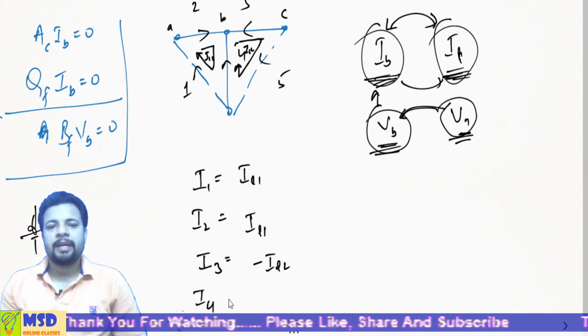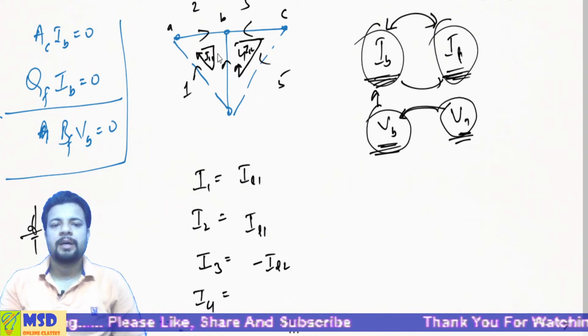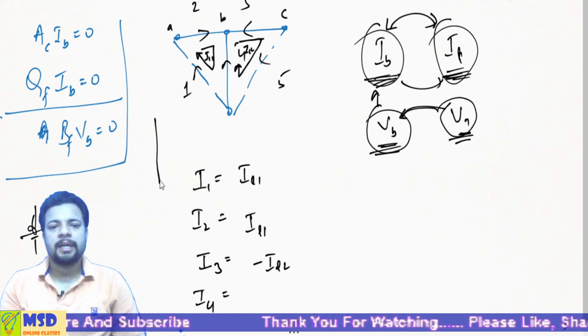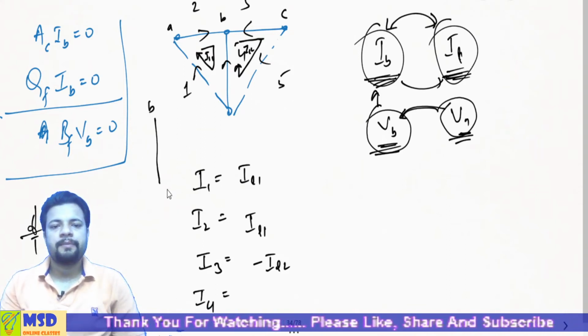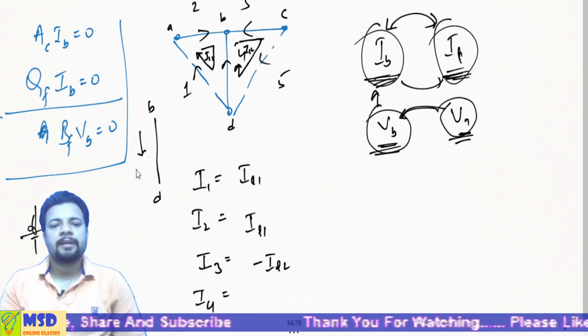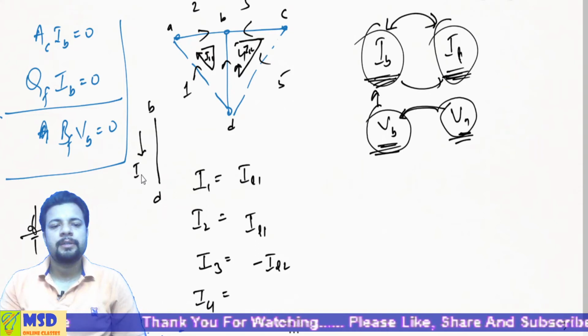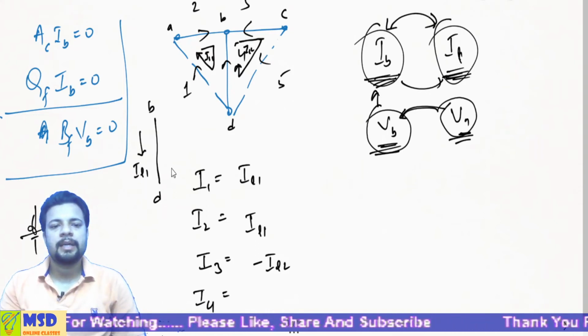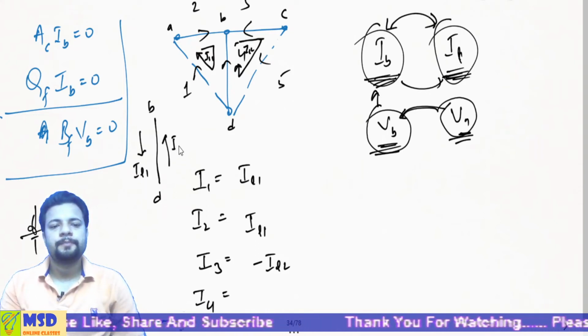Similarly, I can write I4, the branch connected between B and D. IL1 current is flowing in this direction, and IL2 is in this direction.